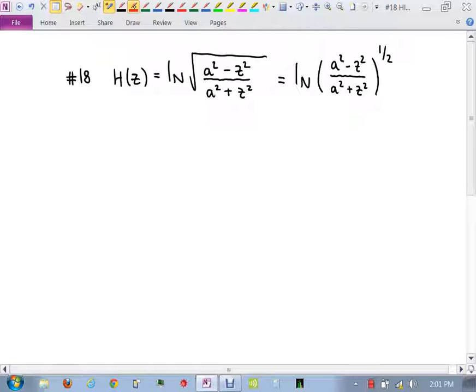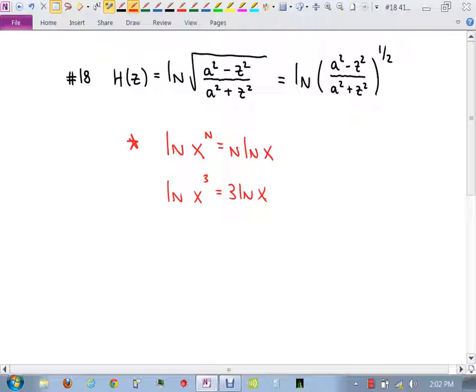There's a property of logs that says natural log of x to the n equals n natural log x. That's something that in college algebra hopefully you saw, that if you ever had natural log of something to a power, that power could come out in front. Do you all remember that? A very nice property of logs. So as an example, natural log of x cubed is the same as 3 natural log x.